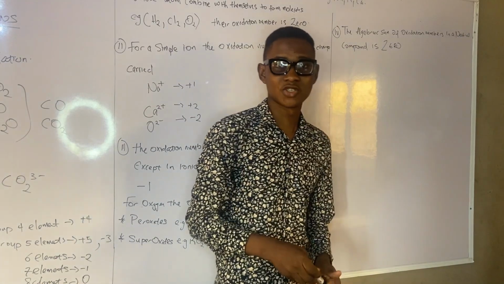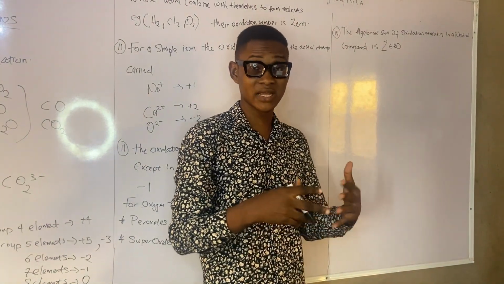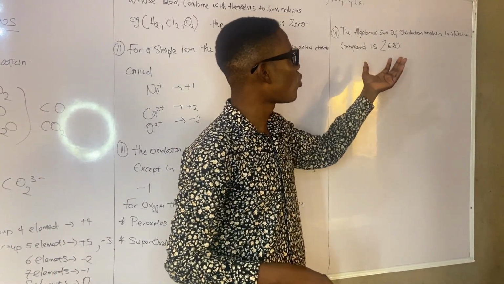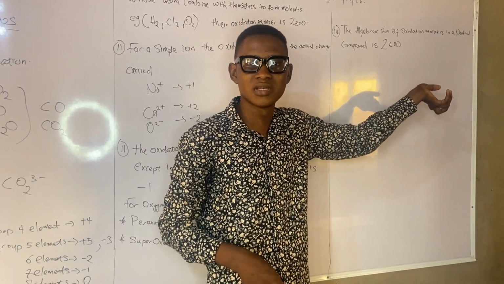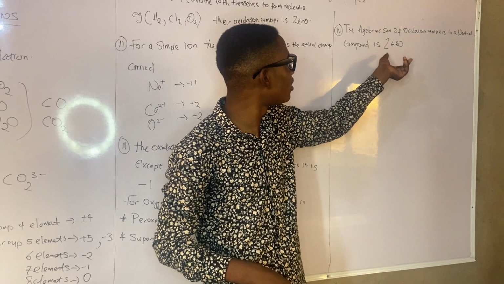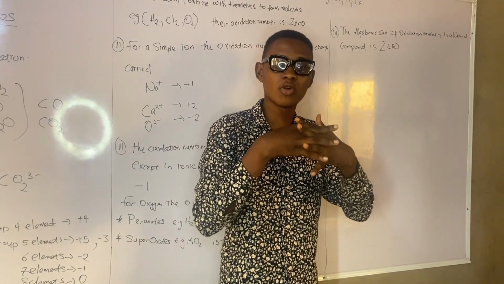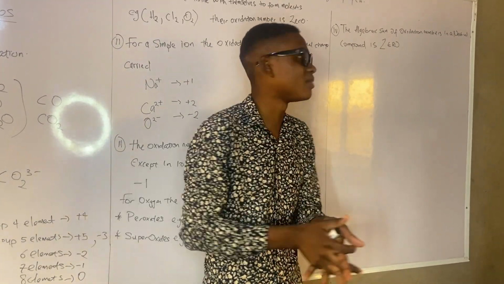This is telling you that you can actually add oxidation numbers together in a compound. When you are adding the oxidation numbers in a neutral compound, the algebraic sum of those numbers will be equal to 0. The best way I can explain this is by giving you an example.